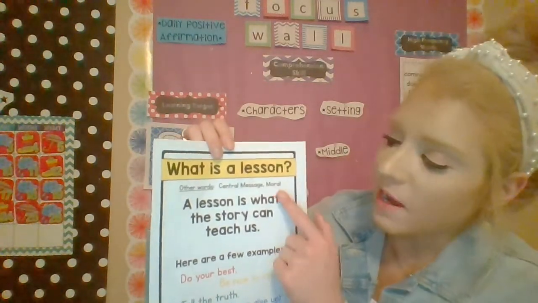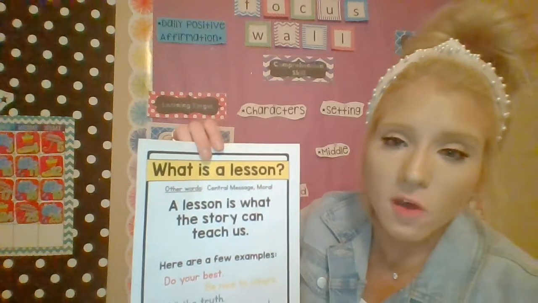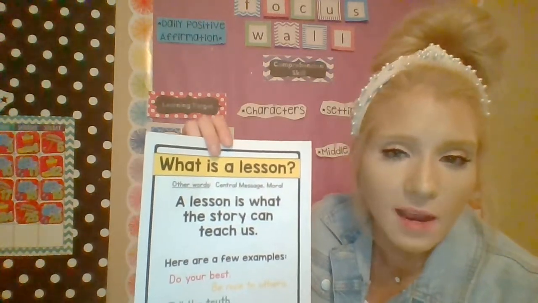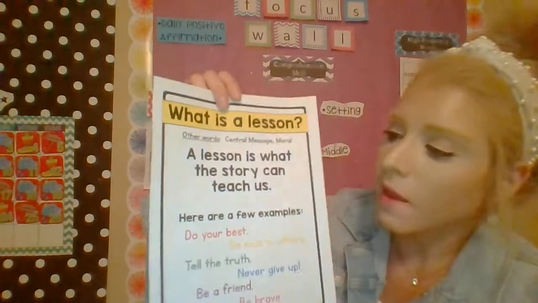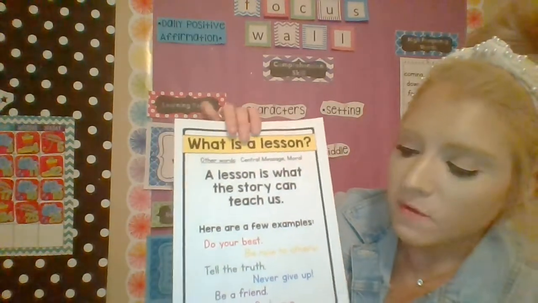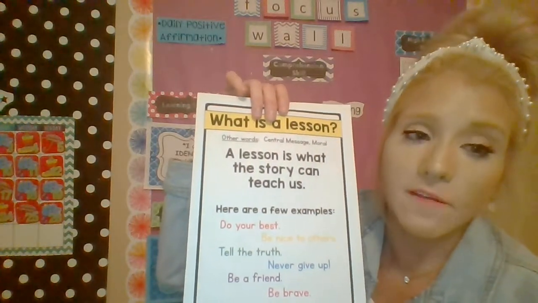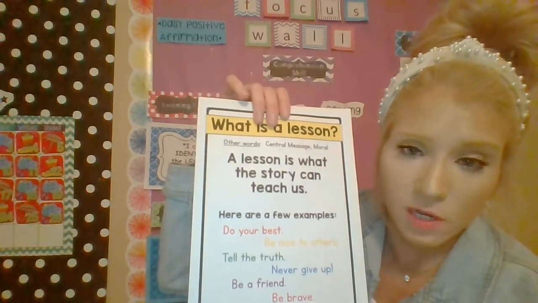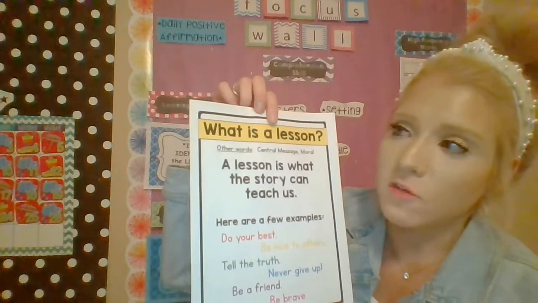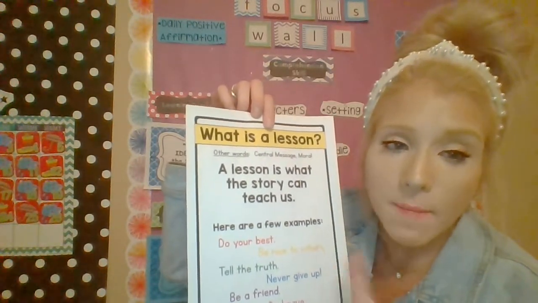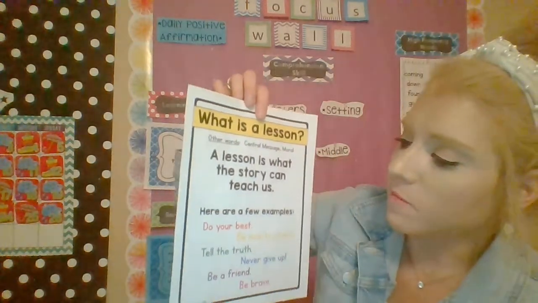And another way to say it is the moral. So you might have heard someone say, moral of the story is, the lesson I learned is, okay? So here are a few examples of a lot of popular lessons that a lot of different stories can teach us. And remember, I always say too, sometimes stories teach us more than one lesson, but there's always one main lesson.